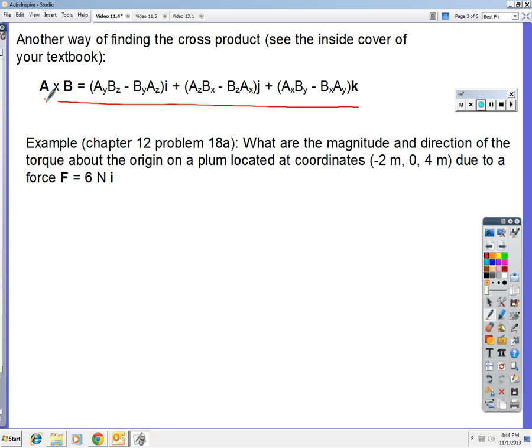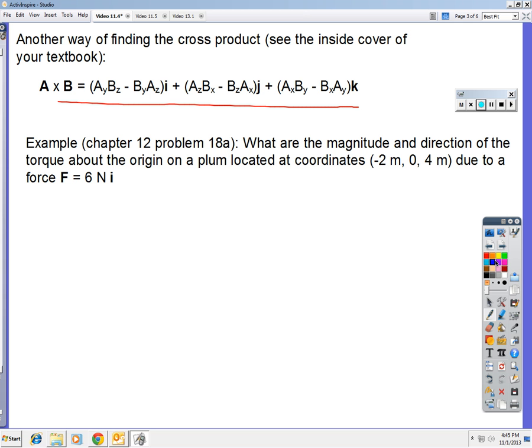So, in this example, which is from your textbook, let's say we've got a particle that is located at the coordinates -2, 0, 4, with a force that equals 6 newtons in the x direction.